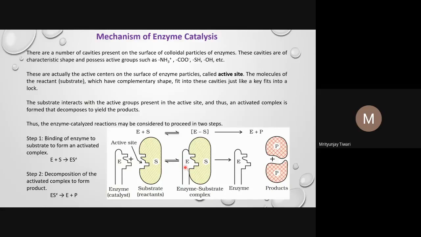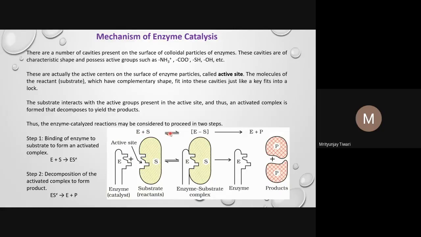Once this happens, the substrate will be broken into the product. The enzyme E and the substrate form this activated complex, the enzyme-substrate complex, and this complex will now break into enzyme plus product, so the product and enzyme get separated. Thus the enzyme catalyzed reaction may be considered to proceed in two steps.